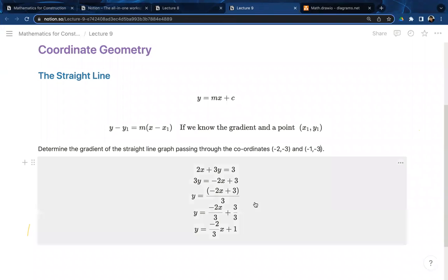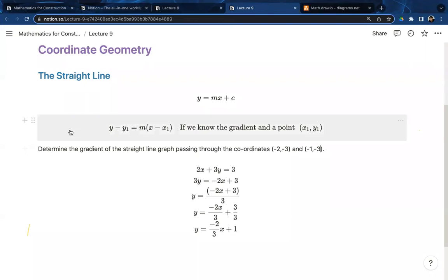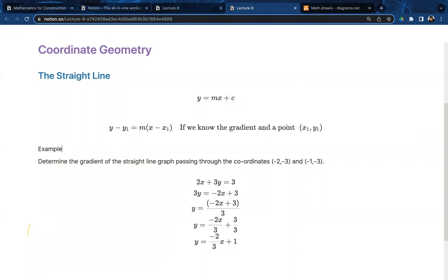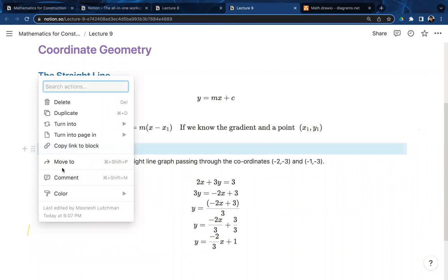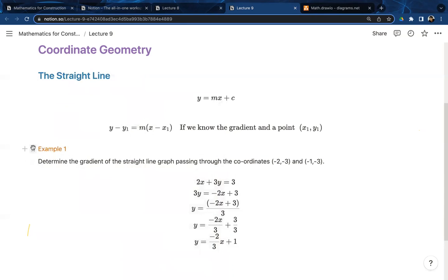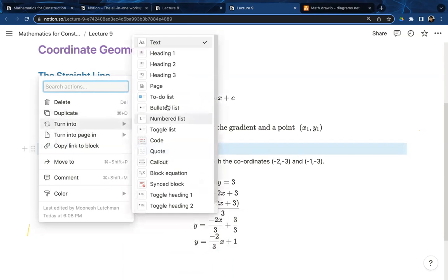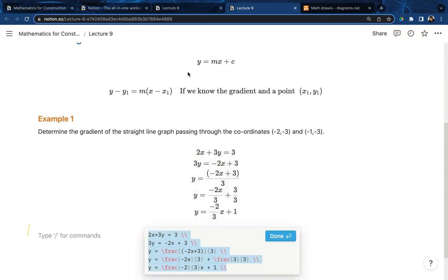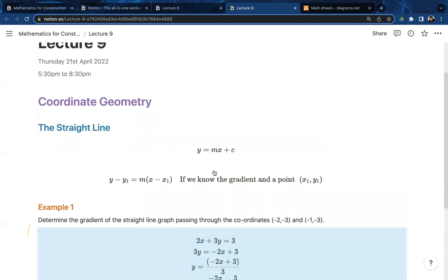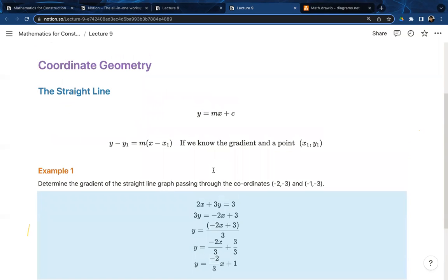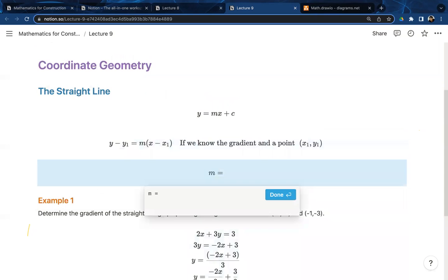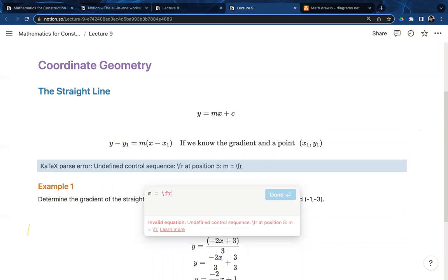-1, -3. Okay. So we wanna do this example here. This will be example 1. So okay, what we need to do, we had to use the formula to find gradient. Okay, so we could record how to calculate gradients, right? M equals as a fraction.